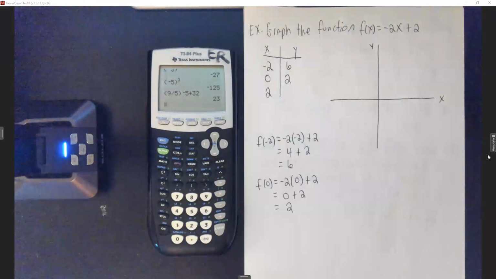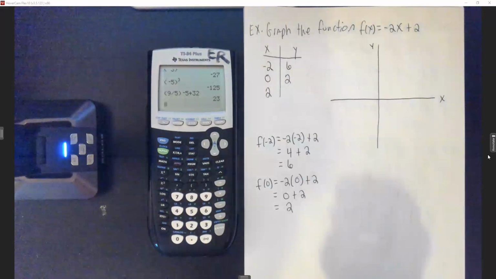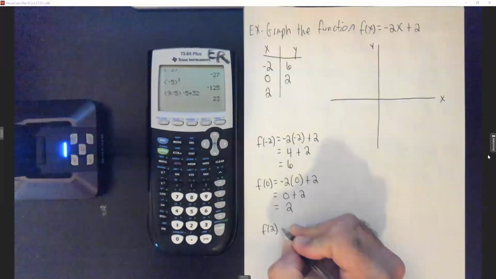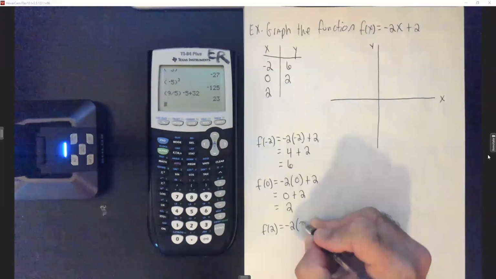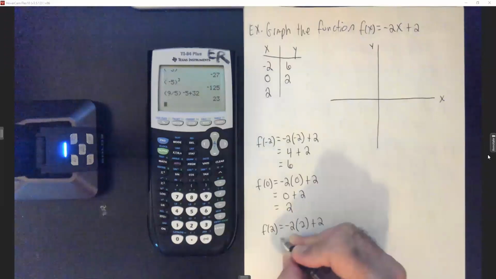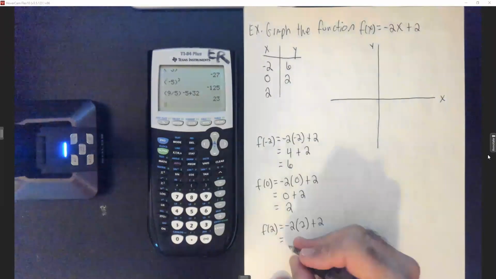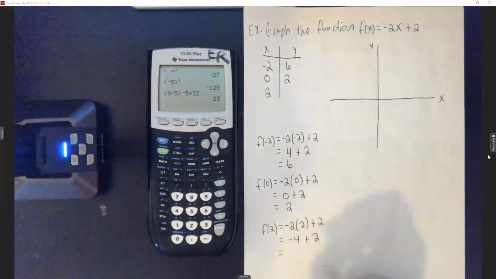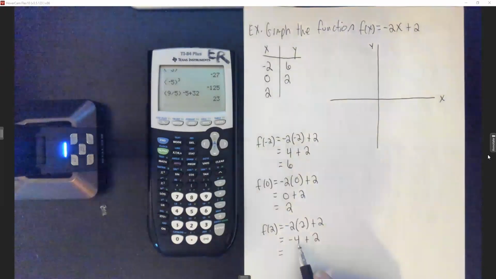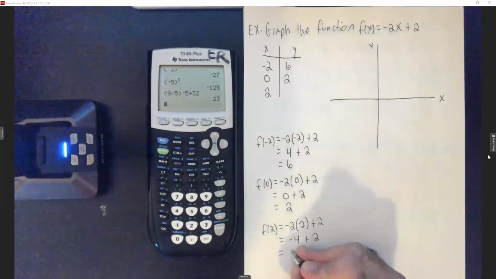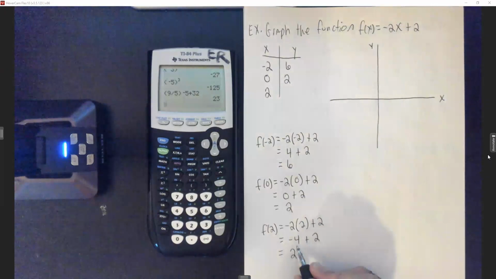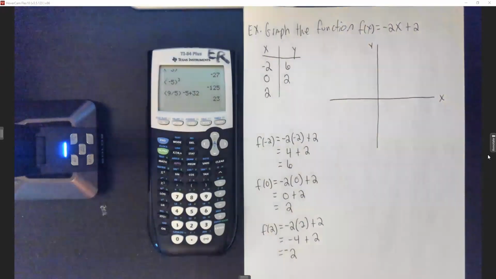And y'all, one more. What we got to find? F of positive 2. That's going to equal negative 2 times 2 plus 2. So negative 2 and 2 give me negative 4 plus 2. Unlike signs, 4 minus 2 is 2. Larger number is negative, so that answer will be negative.